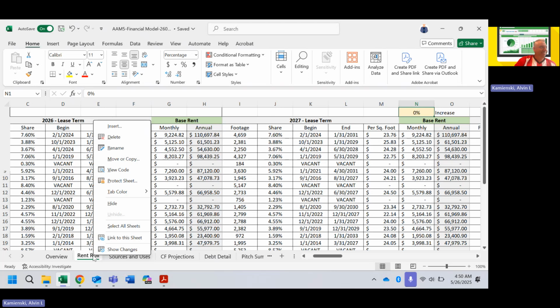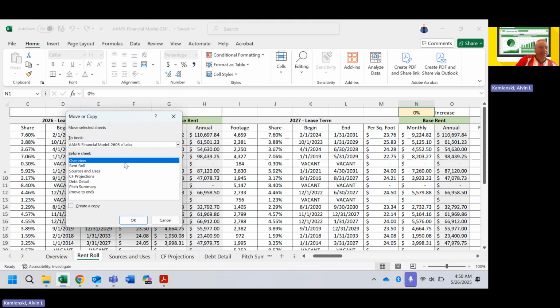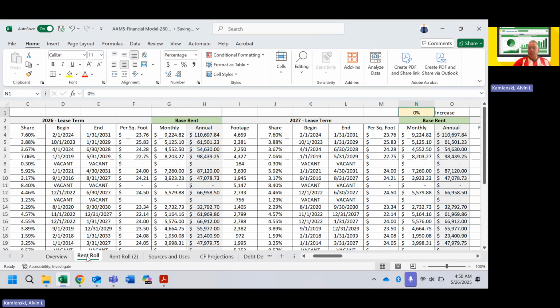Move or copy and create a copy of this thing and put it on top of the sources and uses page. So I'm going to create a copy of this thing so that when I click OK, I should have rent roll 1 and rent roll 2. They're the exact same, yes? Rent roll and rent roll 2.